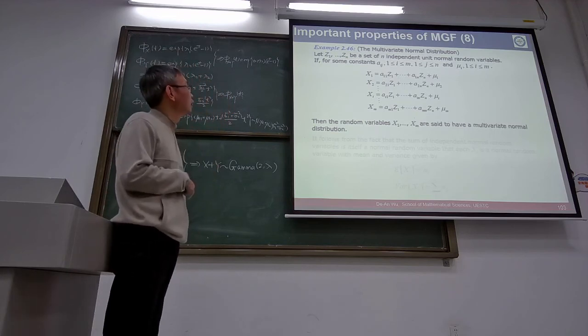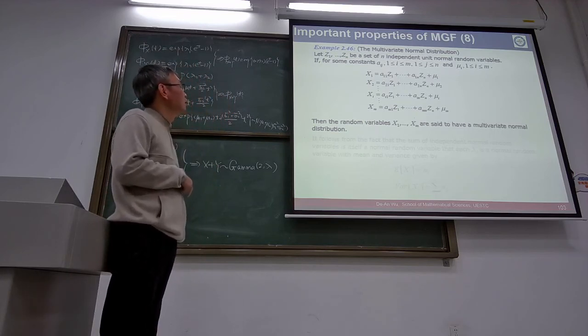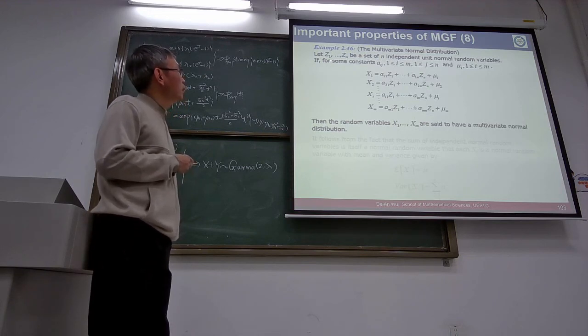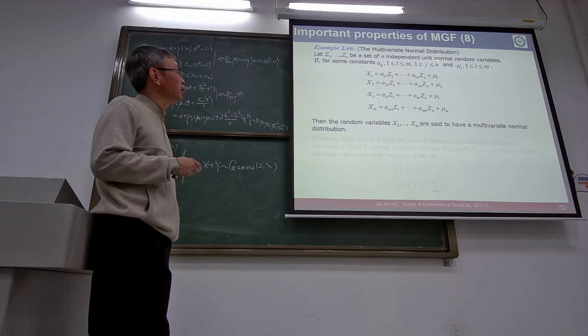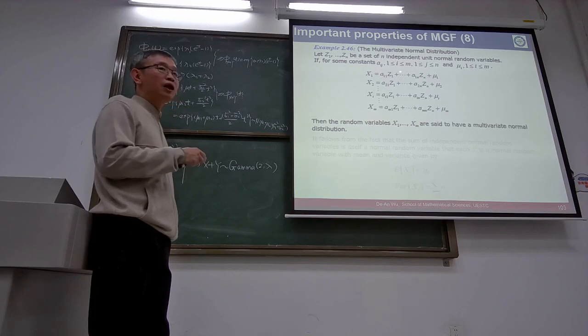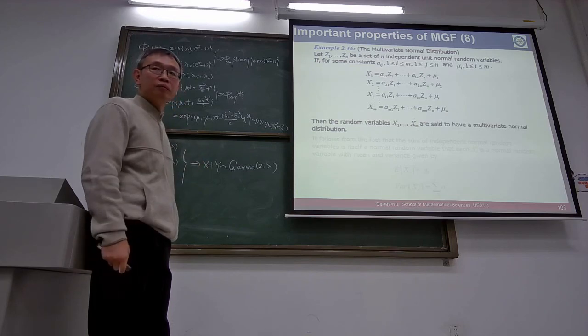Let's say this example. Let z1 until zn be a set of n independent standard or unit normal random variables. If for some constants aij and mu1 until mu_n, we define this linear system.